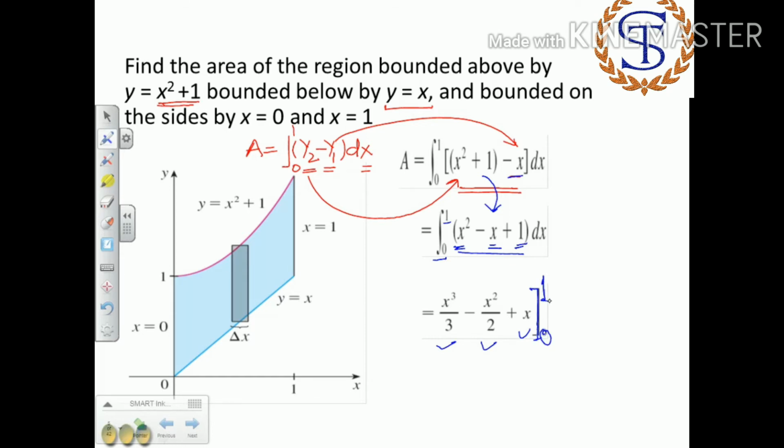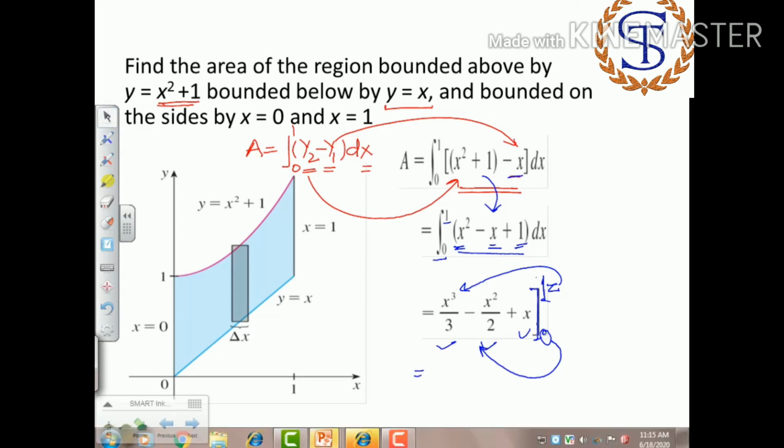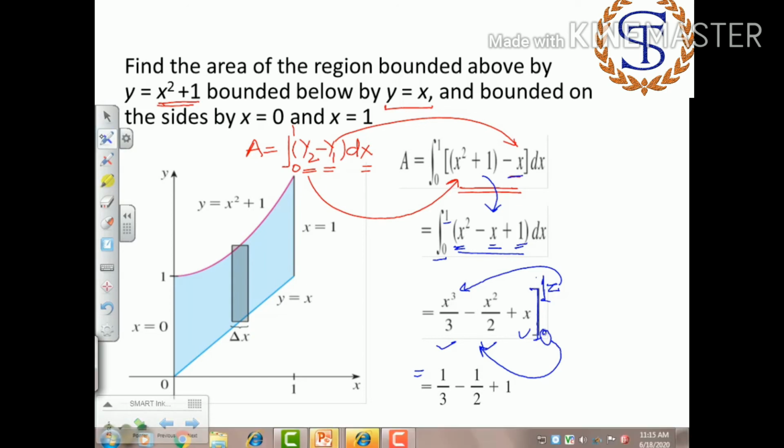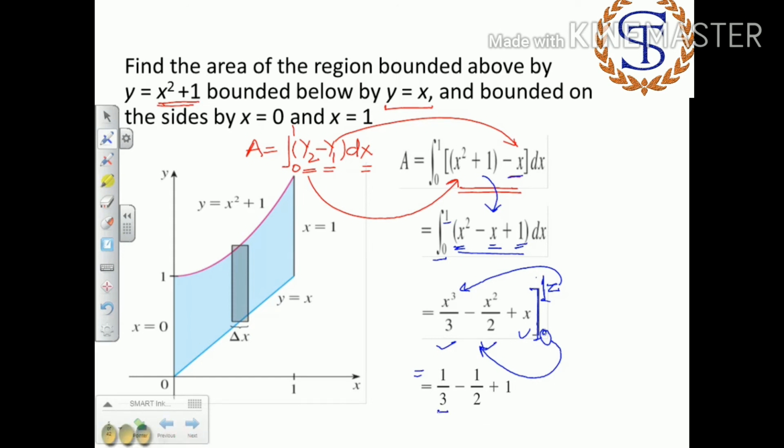Now after putting the values by using the net change theorem in integration, first of all we have to put the value of x in this function, then subtract by putting the value x equal to 0 in the same function. So here after putting x equals 1, we will get 1 upon 3 minus 1 upon 2 and then plus 1.